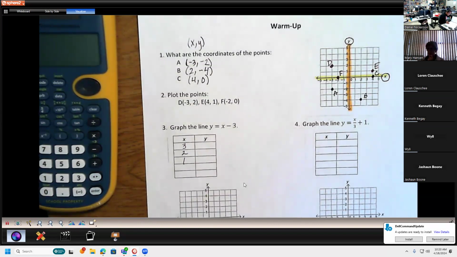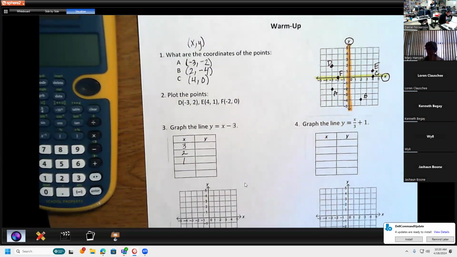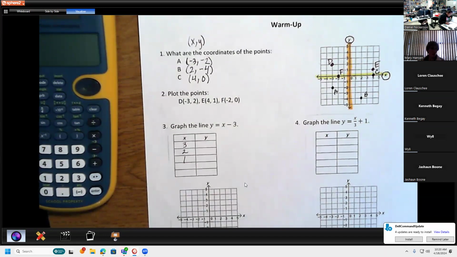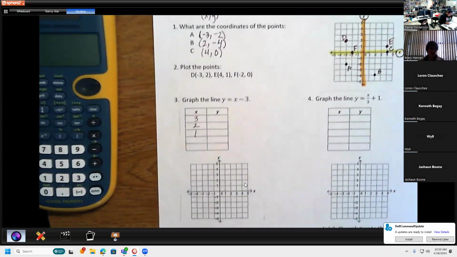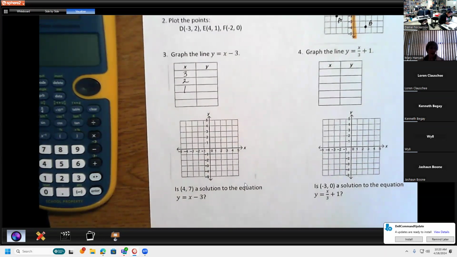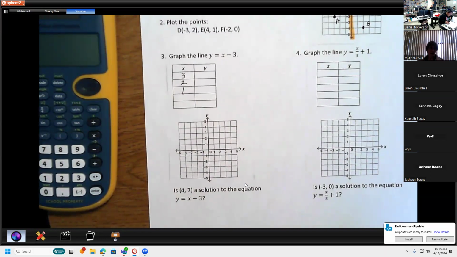Just graphing points. Okay, that's the first skill you need to be able to move into what we're going to be doing with equations and lines. So questions 3 and 4 are having you graph the line y = x - 3 or y = x divided by 3 plus 1.